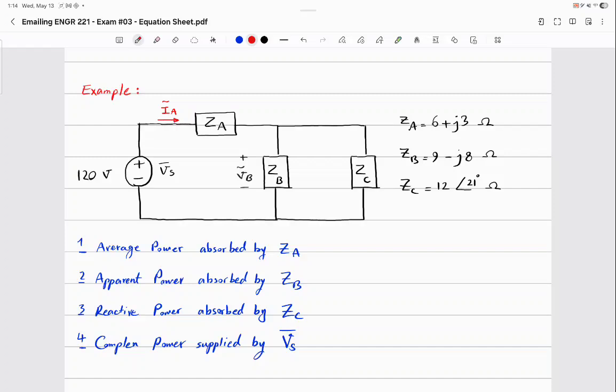Forget it. Just see the power. When you see power, you need to calculate voltage and current, or only one of them. Now, let's focus on the element ZB. Is there any way you can find either its voltage or its current?